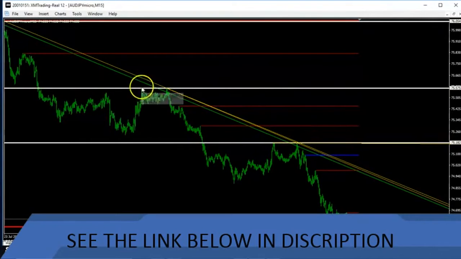Retest, touch, break, retest, touch, and then boom, 100 pips. See, price was coming, break, retest, touch, boom, your trade activates, 100 pips. Do you see?